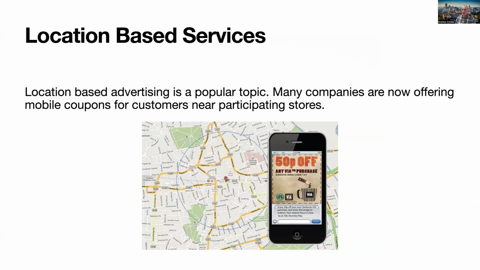And the idea of geofencing, coming back to this: many companies are now offering coupons if you're near a store, for example, right? So instead of "find my nearest X," geofencing flips it the opposite way around, as I mentioned a few slides ago. For example, as you approach a Starbucks, it might send you a message saying, "Hey, come and get a coffee. You receive 50 cents or 50p off," those types of things.